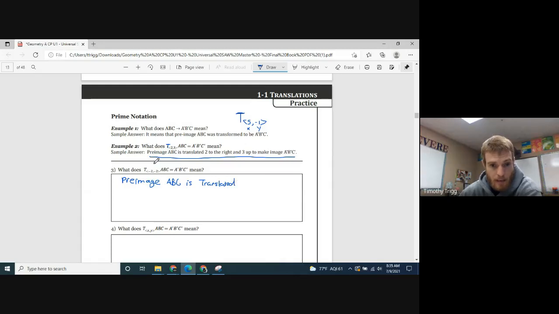This time it's -2, -2. The first one tells you how you're going to move along the x. The second number tells you how you're going to move along the y. So we're going to translate, in this case, 2 to the left, and the second one is also a -2, but that would be 2 down.